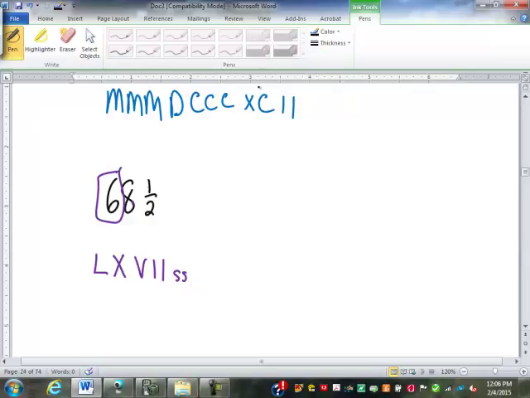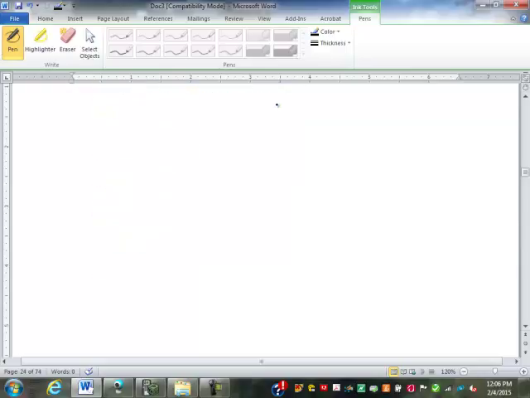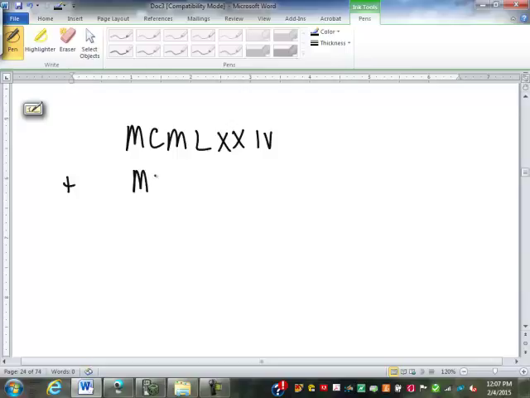Not so bad. So let's look at, if we were to work with our Roman numerals at all, how would we do that? So we might have something like this, plus MDCC, something like that.